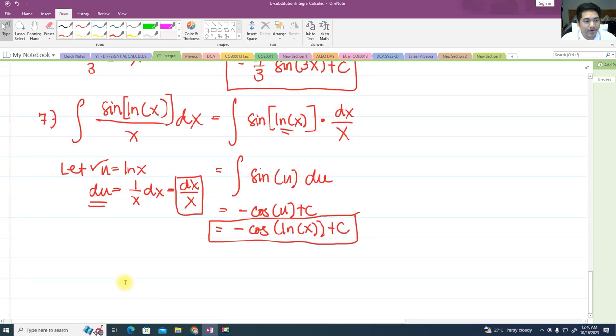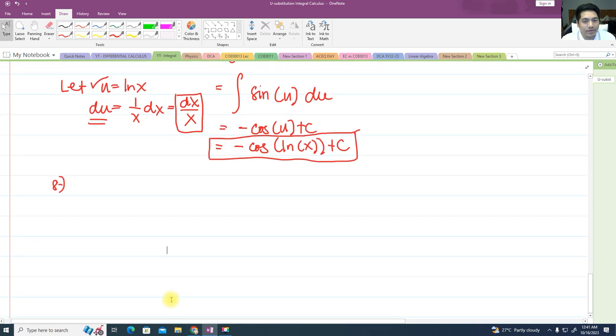All right, for number 8, let's try another one. For number 8, you have the integral of 3x plus 6 all over x squared plus 4x minus 3 dx. So it's obvious.